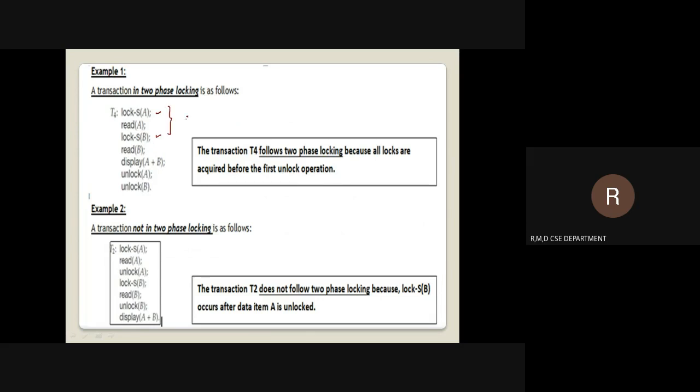This is what we call the growing phase, where it acquires locks. From where the unlock operation starts, that is the shrinking phase. So this transaction follows two-phase locking, that is, the growing phase followed by the shrinking phase. So this follows 2PL. 2PL stands for two-phase locking.